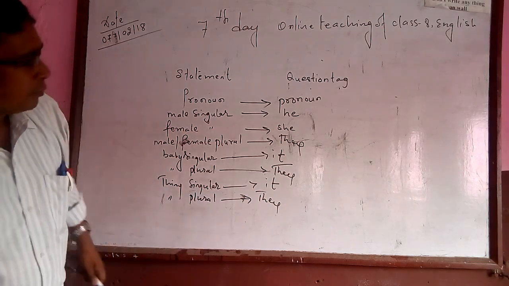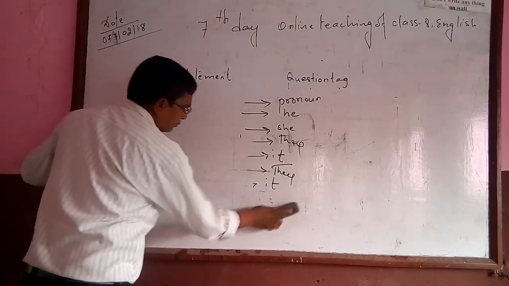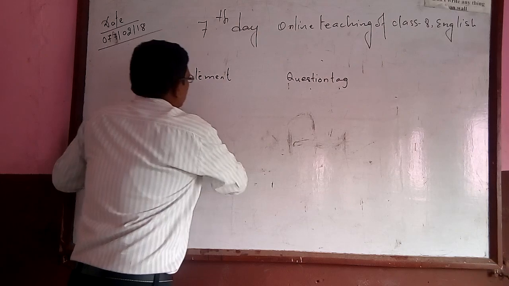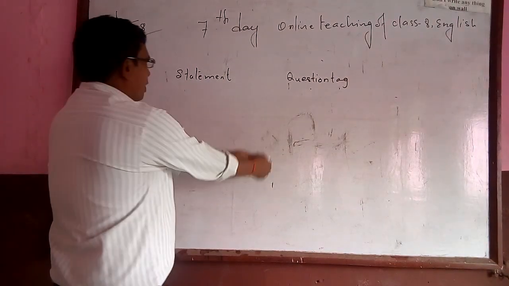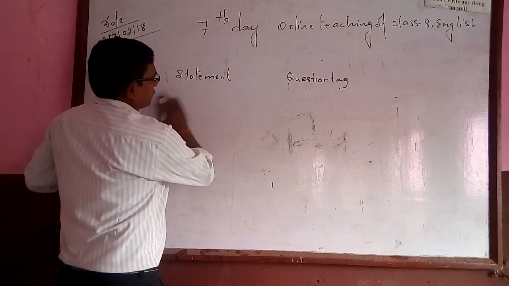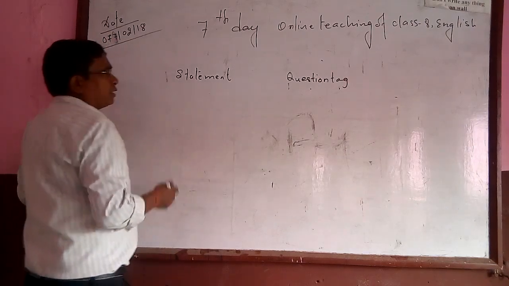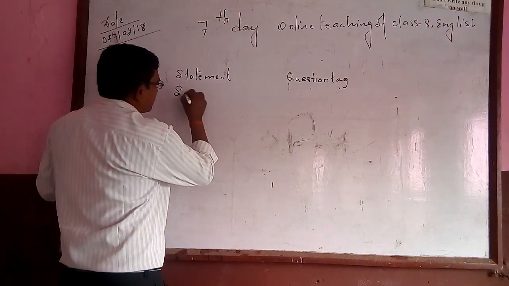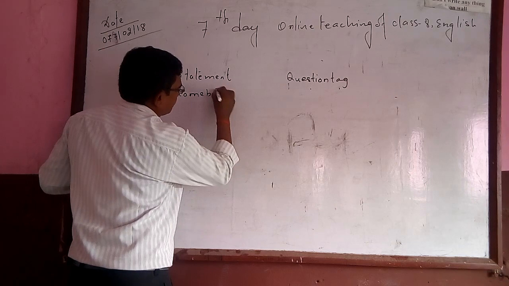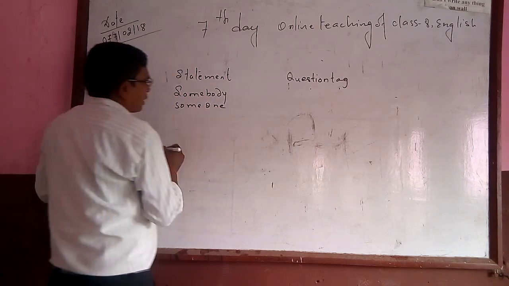And then, according to rule number 4 now, sometimes there may not be a helping verb. There may not be male singular, female singular. Sometimes there may be some confusing subject, such as somebody, someone.